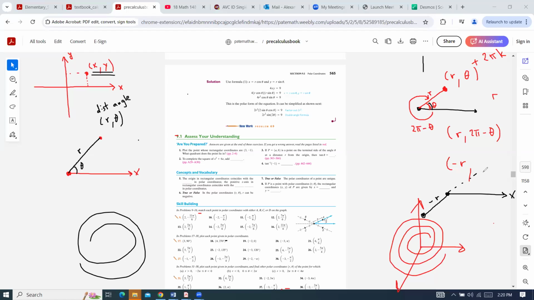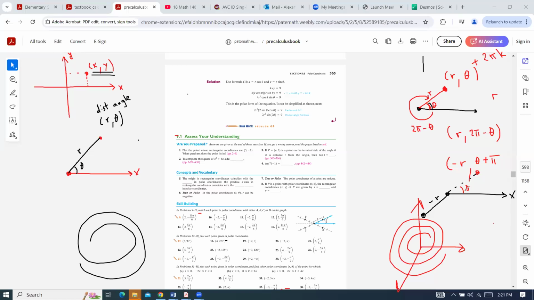So in order to get back to the point that we are trying to describe, I need to take not angle theta, but add pi to it. So negative r will bring me to the opposite side.